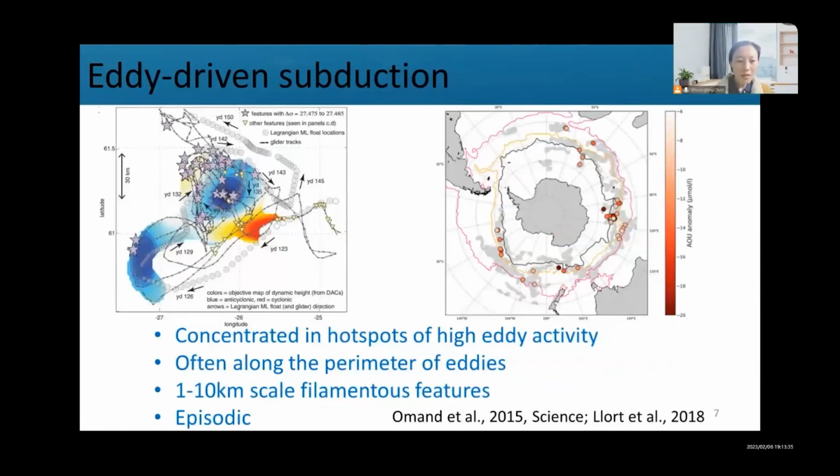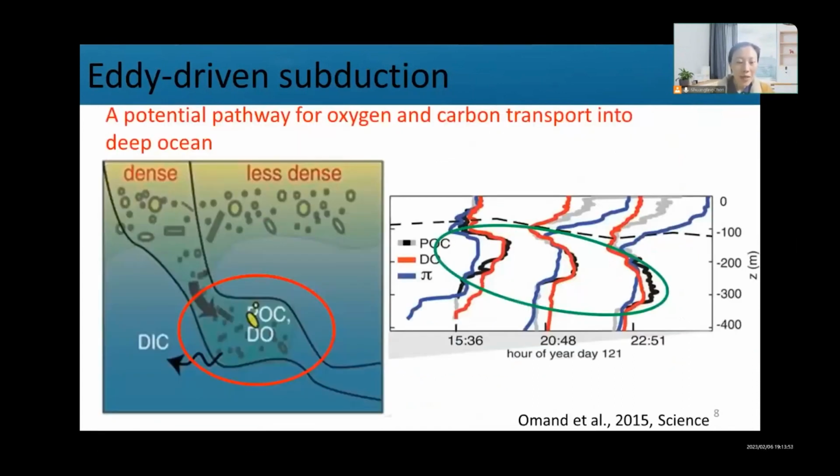Studies show that eddy-driven subduction is mainly concentrated in the hotspots of high eddy activity along the perimeter of eddies, with a scale of around 1 to 10 kilometers. The subducted waters usually have a high concentration of oxygen and organic carbon.